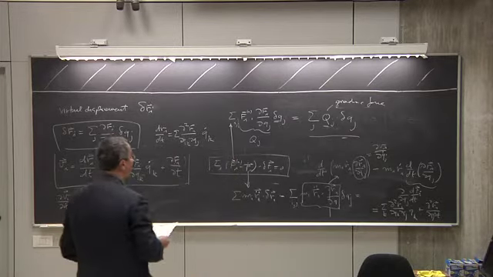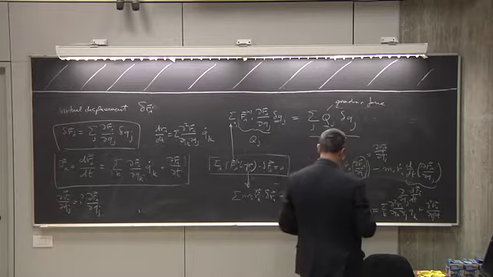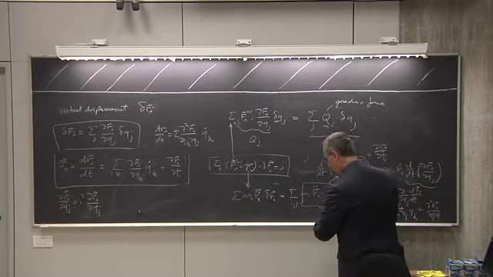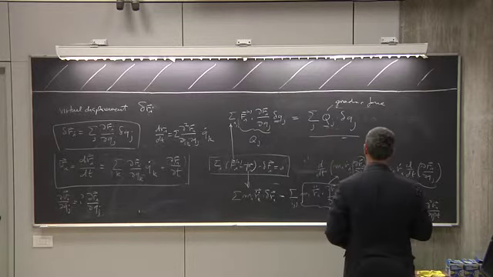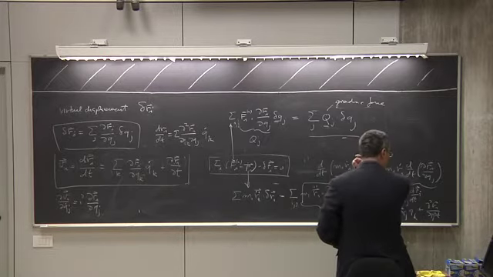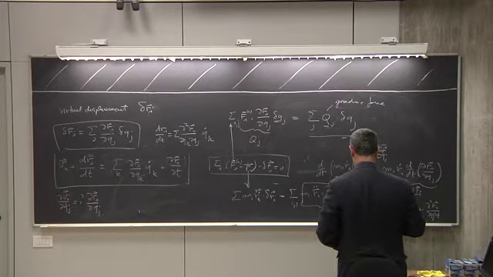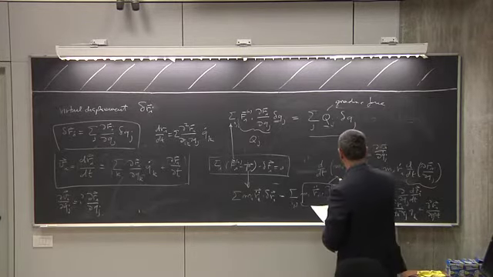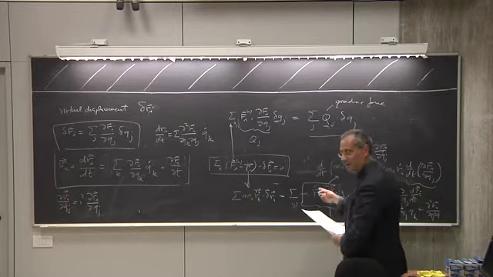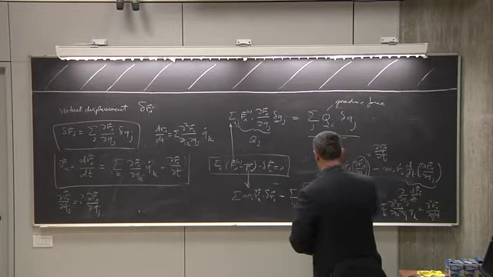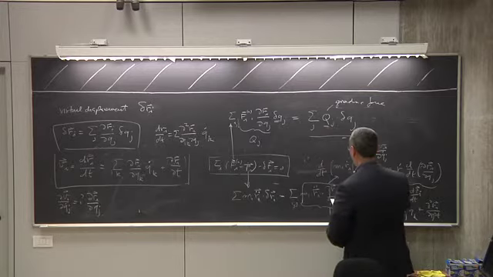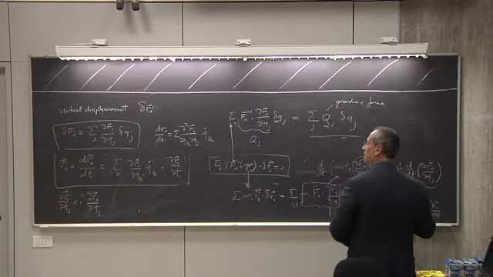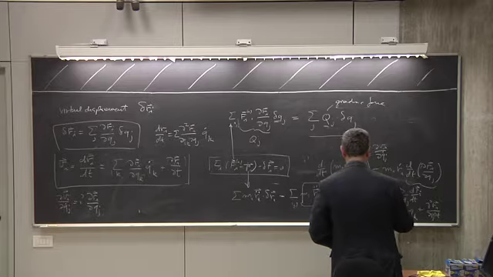Let me do just one more step and then I stop, because I see I'm making mistakes. It's not a good day. I said I want to write everything in terms of the velocity or the derivative of the velocity.